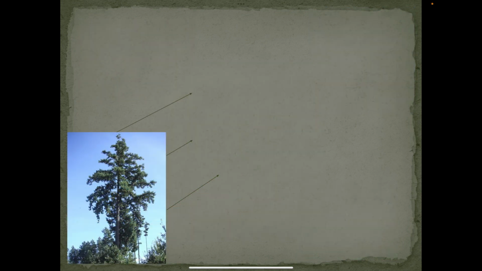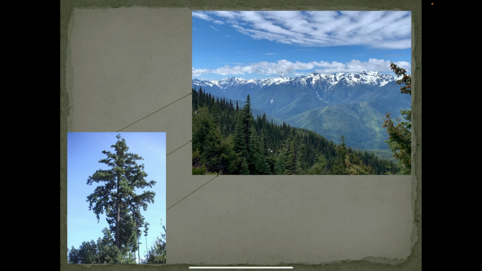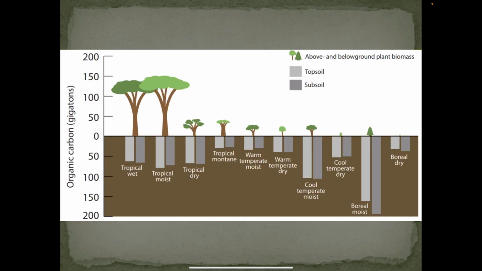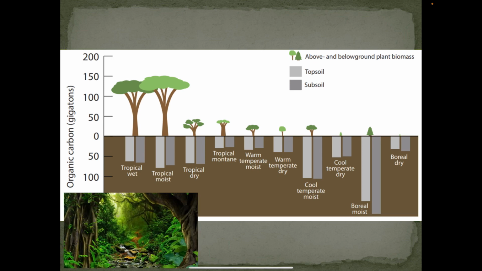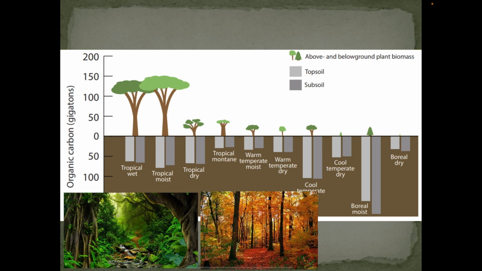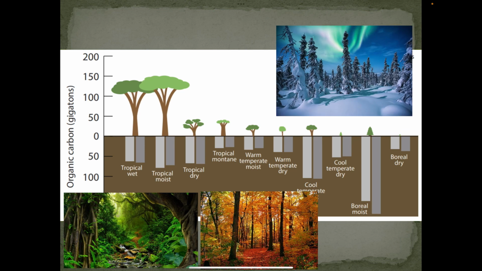Now let's build this up to a larger scale. Forests are estimated to account for about 92% of Earth's terrestrial, or land, biomass carbon, but there are many different types of forests and ecosystems that use and store carbon differently. Tropical forests store the most carbon above ground at about 150 petrograms, while temperate forests store around 40 petrograms and boreal forests store around 20 petrograms.